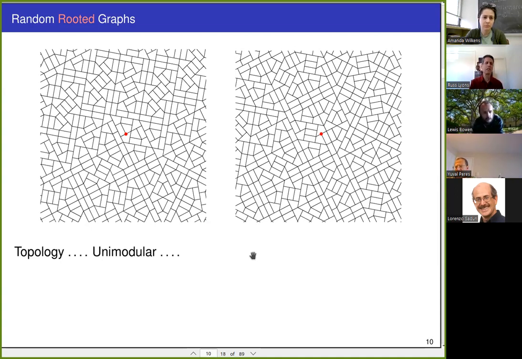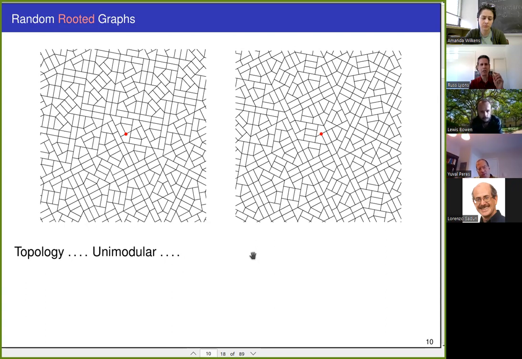Second thing, it leads to this idea of unimodularity, which is what I was giving you an intuition for before. I'm not going to define it. It's part of the motivation, as I mentioned, but it really won't be needed at all to understand the talk. But you can think of unimodularity as a way of talking about a uniform measure on the whole graph.